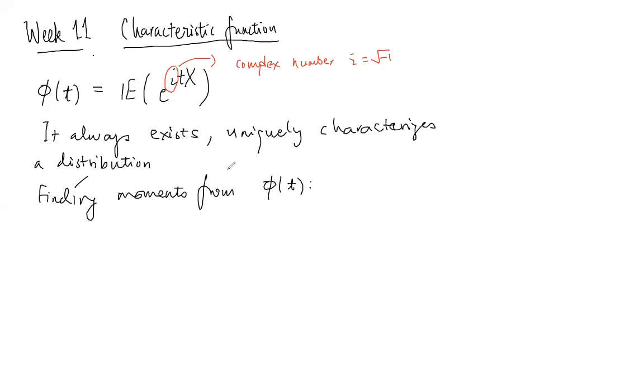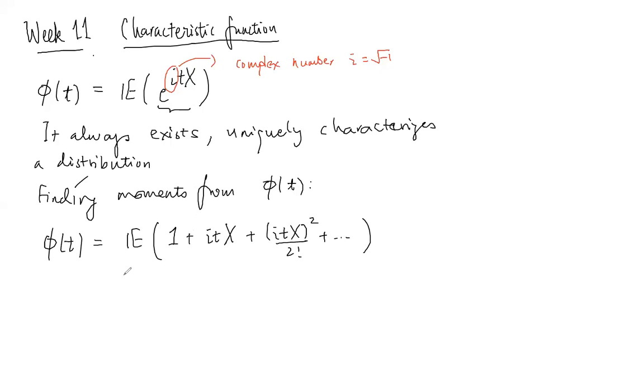So for your characteristic function, if you use a Taylor series expansion on the exponential function, you will get 1 plus itX plus (itX) squared over 2 factorial and so on. If you write it in concise form, it is in this way, in sigma notation.